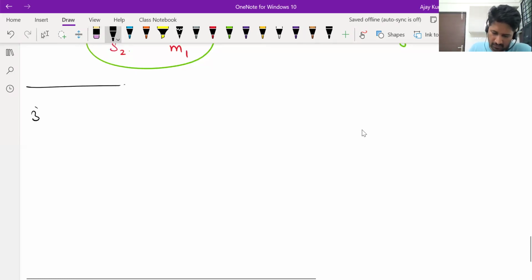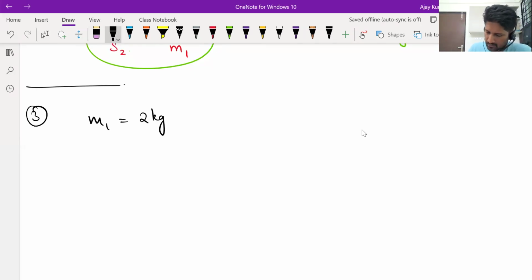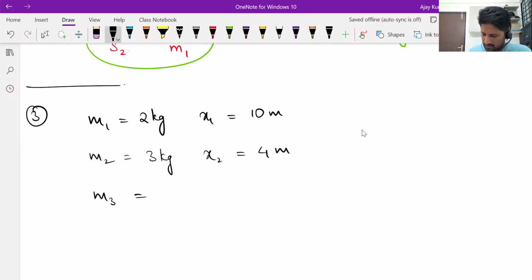Try another question. Suppose one particle of mass 2 kg is at x1 is equal to 10 and another particle of mass 3 kg is at x coordinate 4, where should a third mass of 1 kg be placed such that their center of mass is at the origin?